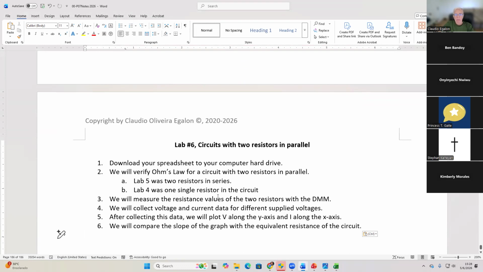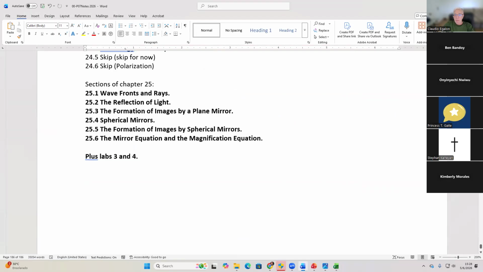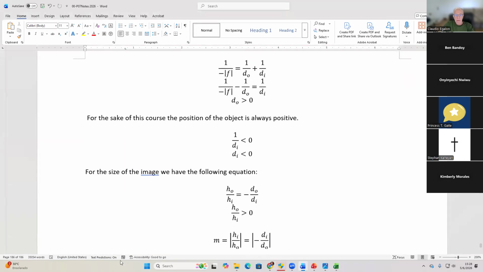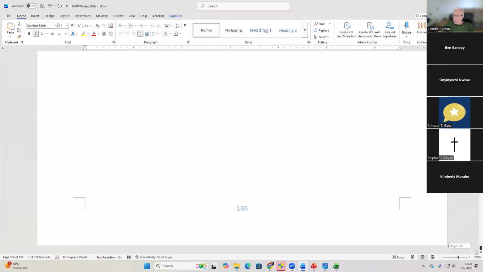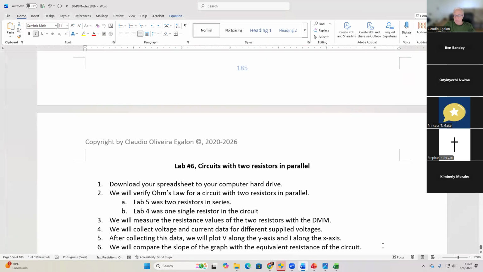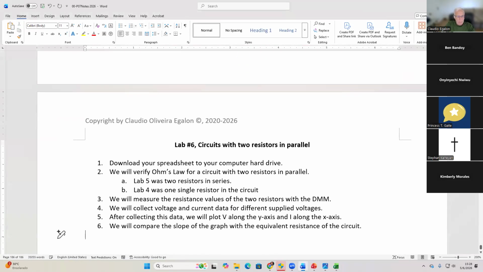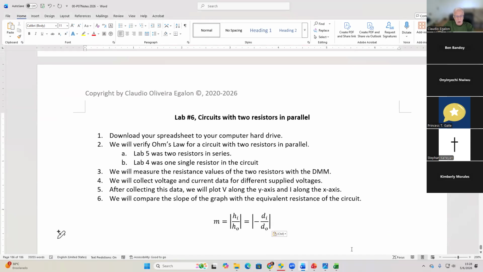And the equivalent resistance, what's the equation for the equivalent resistance? The equivalent resistance of two resistors that are in parallel is the following.